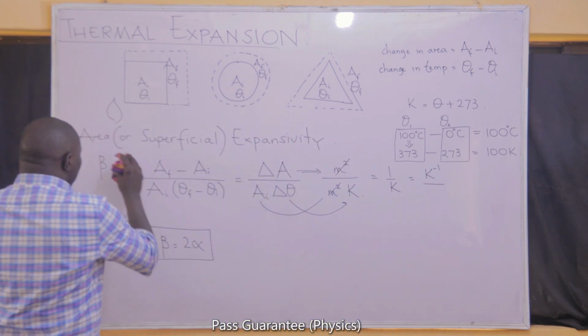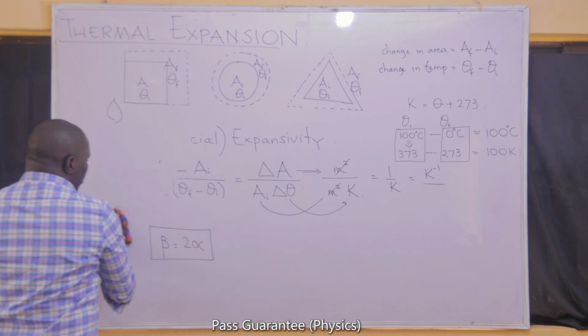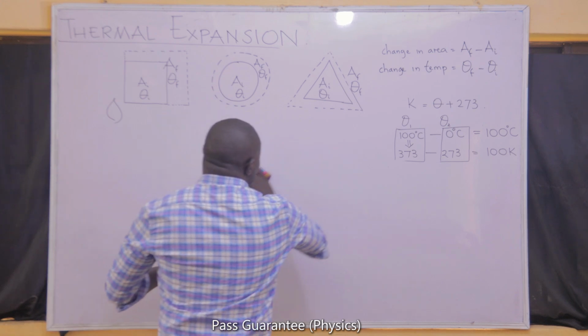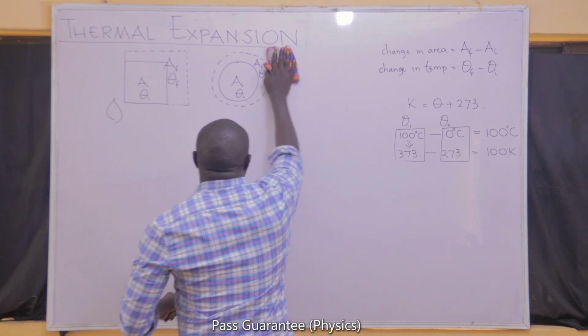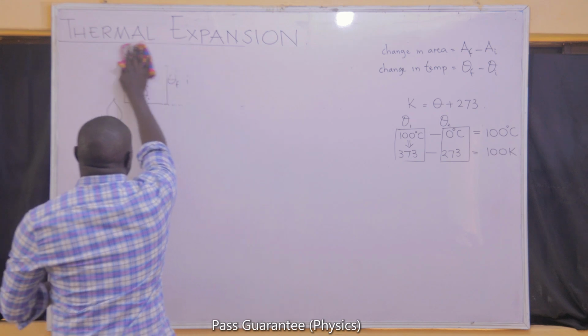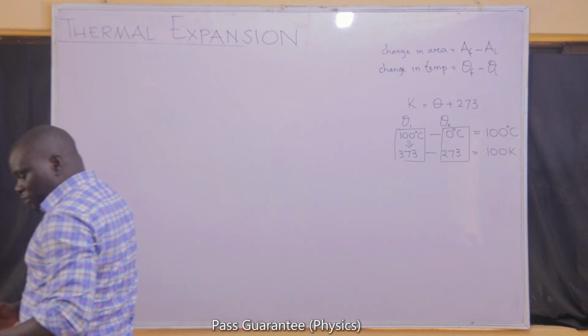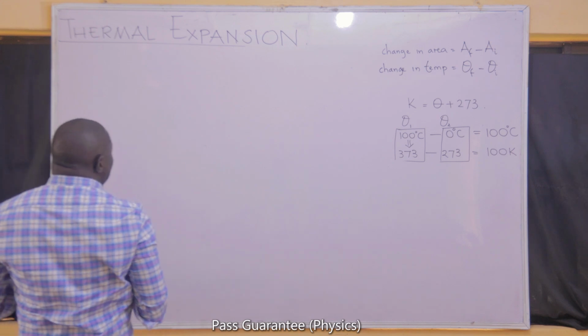So now we can continue and we can talk about volume expansivity. There are instances too, based on the shape and size of the material that we have at hand, that it is more appropriate to refer to their volume instead of area or length.